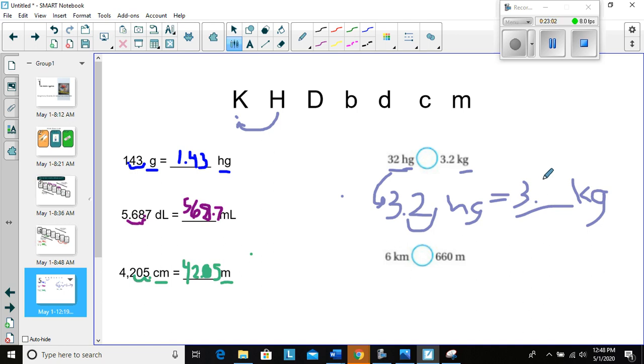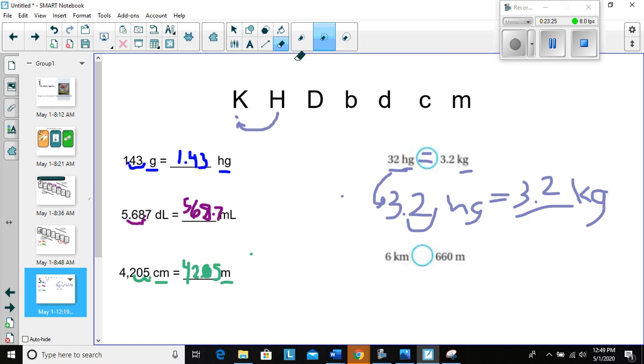And now that they're both kilograms, this is 3.2 kilograms compared to 3.2 kilograms. So these two values are the same. They're exactly equal. So 3.2 kilograms is the same as 32 hectograms.